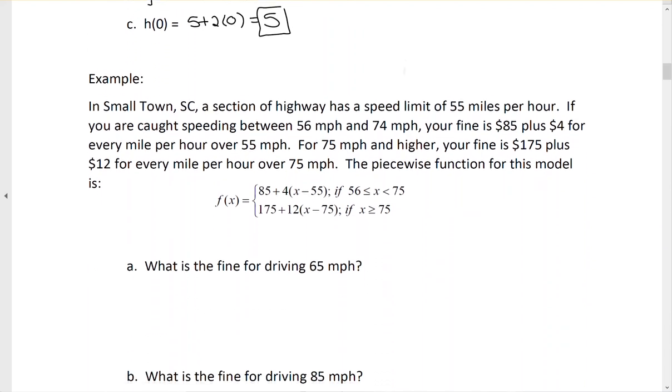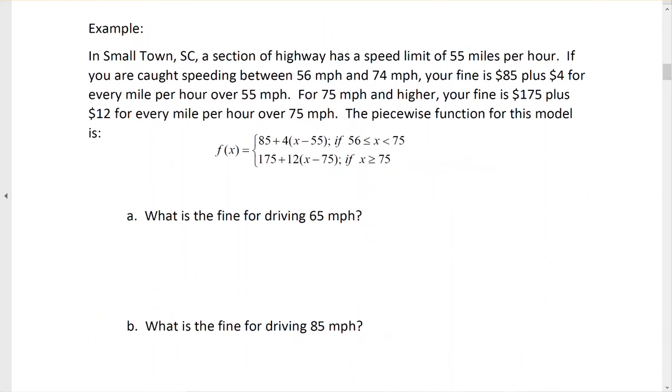So in that same vein, we're going to take a look at these examples that look complicated, but they're really just the same idea of piecewise function. This piecewise function is actually putting what we have here in words into mathematical equations. So for the first one, you have a speed limit of 55 miles per hour. If you choose to go higher than that, for example, between 56 and 74 miles per hour, your fine is $85 plus $4 for every mile over that.